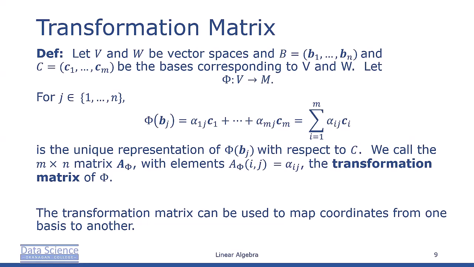This is a unique representation of phi of Bj with respect to C. We call the m by n matrix A sub phi, with elements A sub phi ij equals alpha ij, the transformation matrix of phi. We use the transformation matrix to map coordinates from one basis to another.